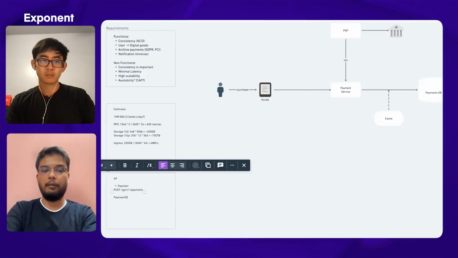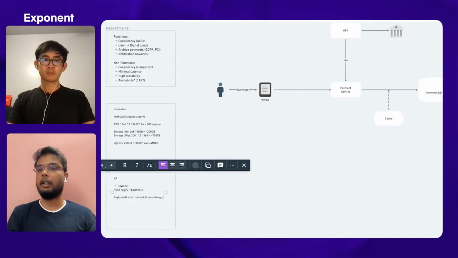Okay, so we have user ID, UID, and we need a payment method. I'll just do method, which would be an enum of string, like what do you want to transact with: credit card, debit card, or net banking.